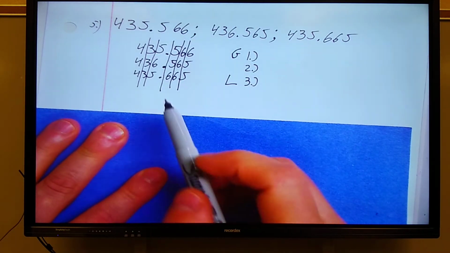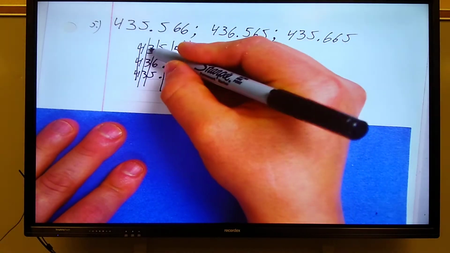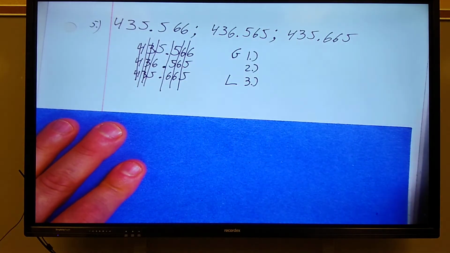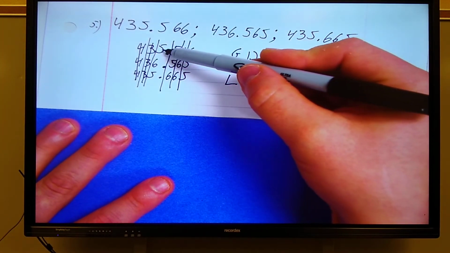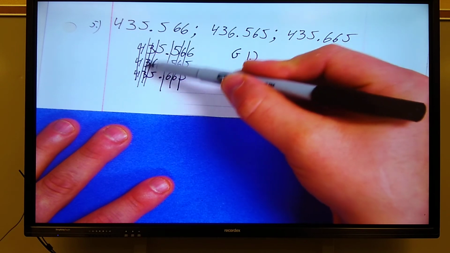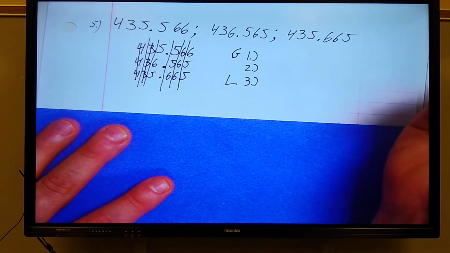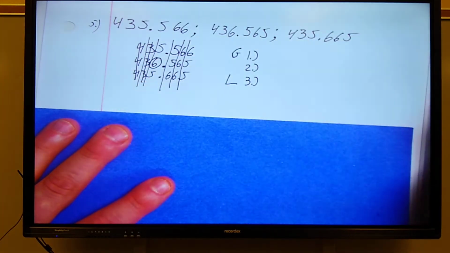Let's begin. The hundreds place, all the same. I can't use them. The tens place, all the same. I can't use them. Now, the ones place. I got a 5, I got a 6, and I got a 5. This right here will tell me my greatest number. 6 is bigger than 5 and 5.